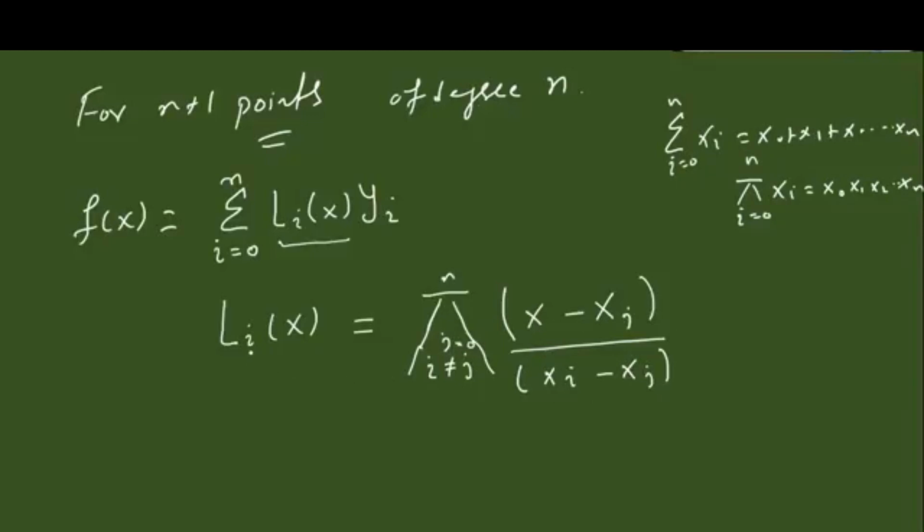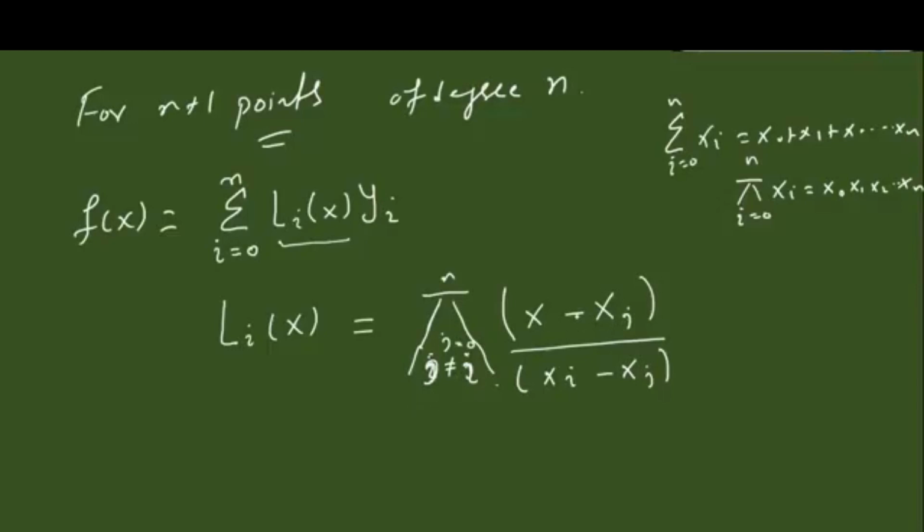And whatever basis you are using, you have to keep the i index fixed. This is i, this is j. So this product is running over j. So there will be j terms that are multiplying from j equal 0 to n. But you have to make sure that j cannot take any value equal to i, because j cannot appear in the numerator.